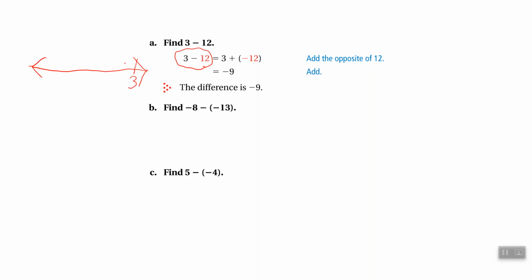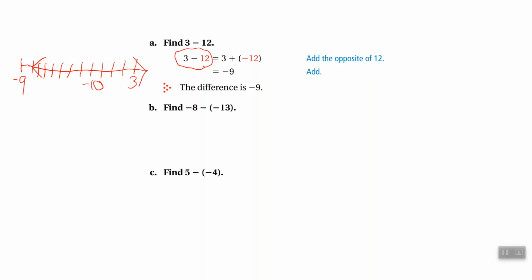Starting at positive 3, and we'll go... so we got 0 right here. We got negative 1, negative 2, negative 3, negative 4, negative 5, negative 6, negative 7, negative 8, negative 9.